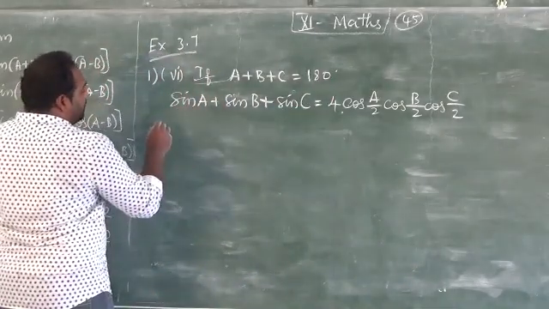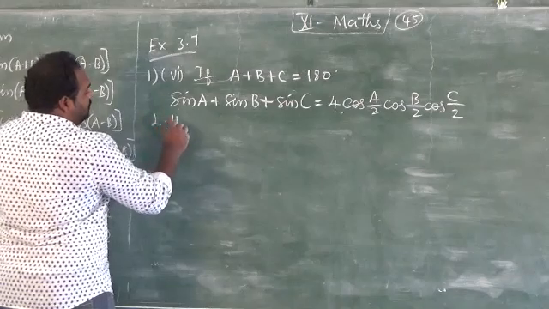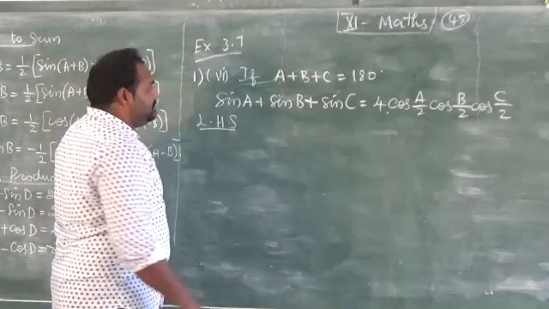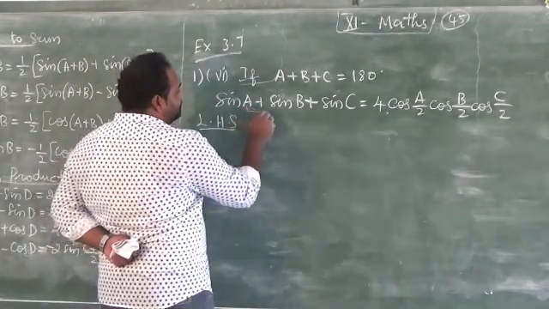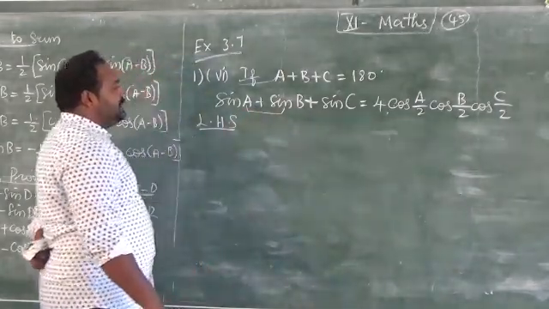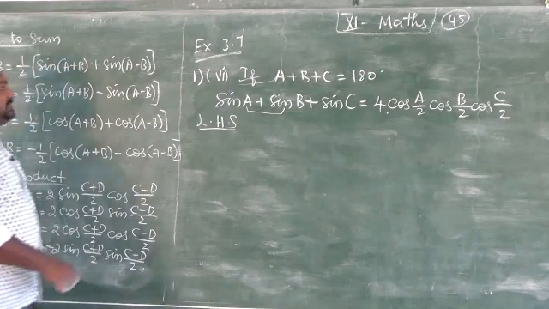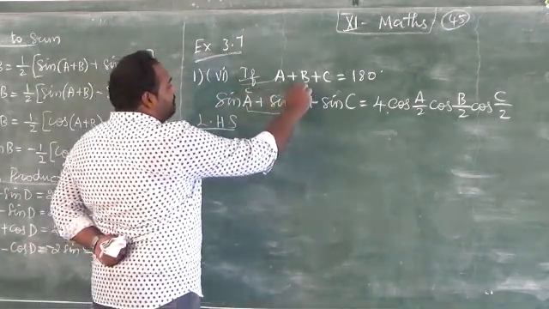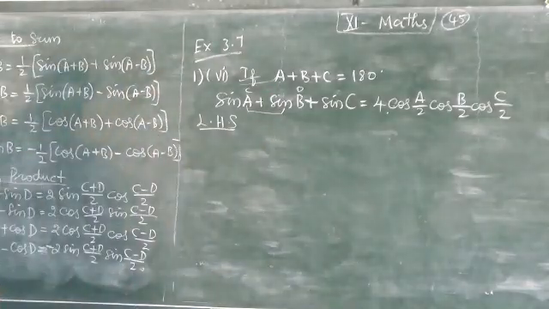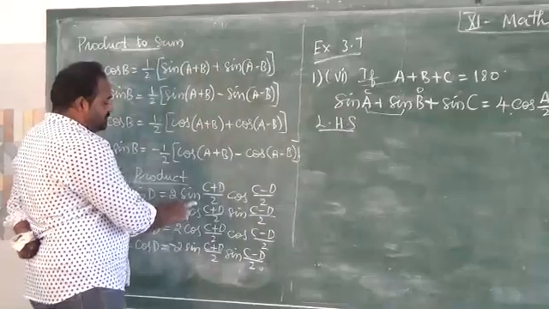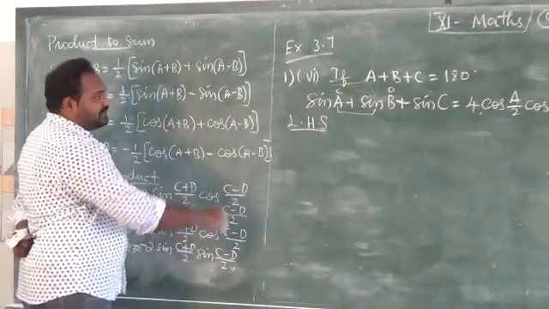Here we have LHS side sin A plus sin B plus sin C. Here we can see that sin A plus sin B, sum to product, sin C plus sin D formula. First formula I am going to apply here. Instead of C is here A, instead of D is here B. Sin C plus sin D can be written as 2 sin C plus D by 2 cos C minus D by 2.